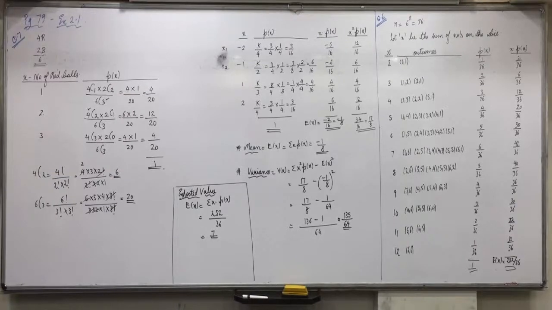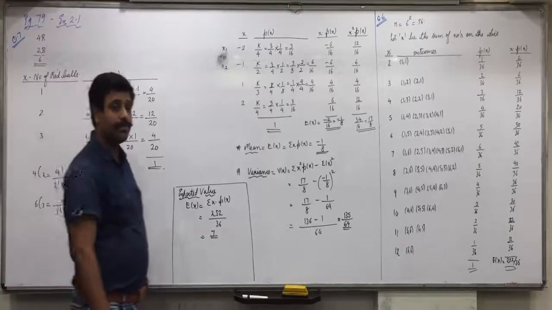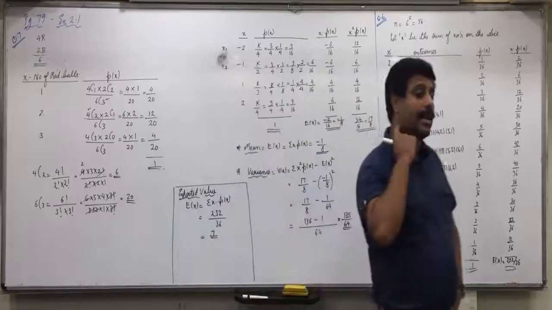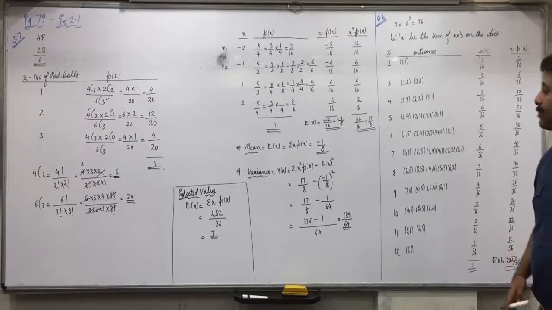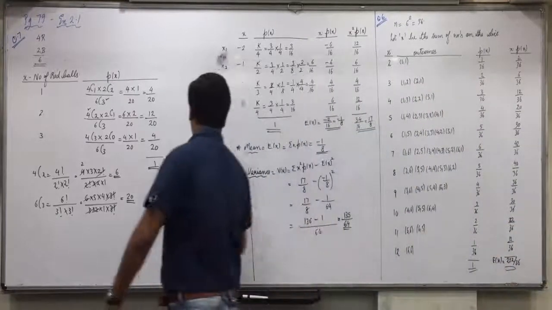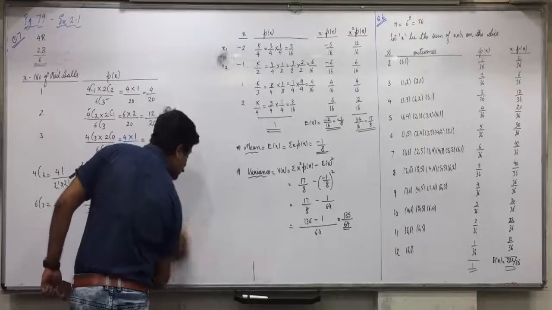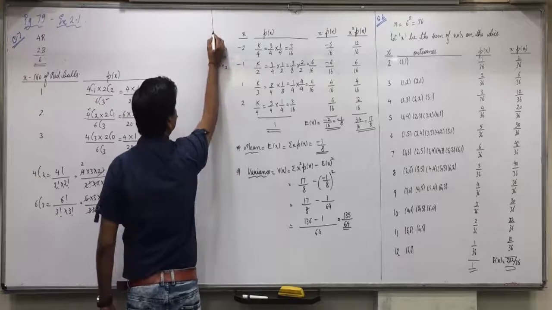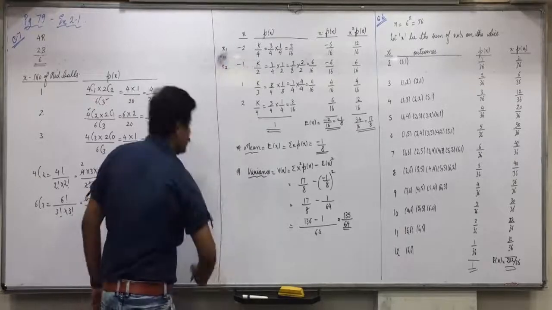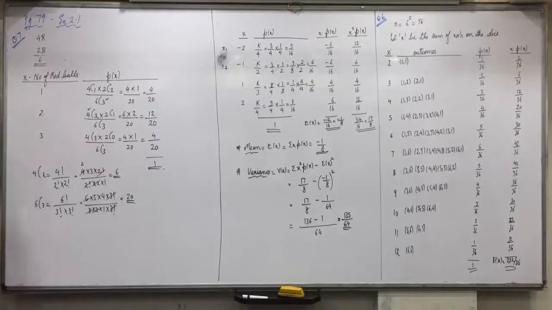Complete it fast. Anyone who did not understand it? Now in this question, variance is not asked. What is asked? Expected number means only EX.